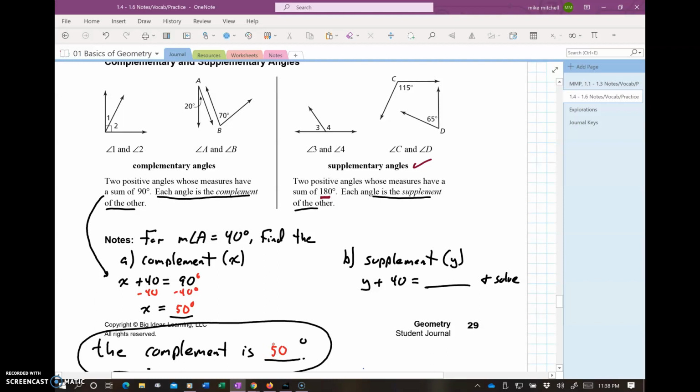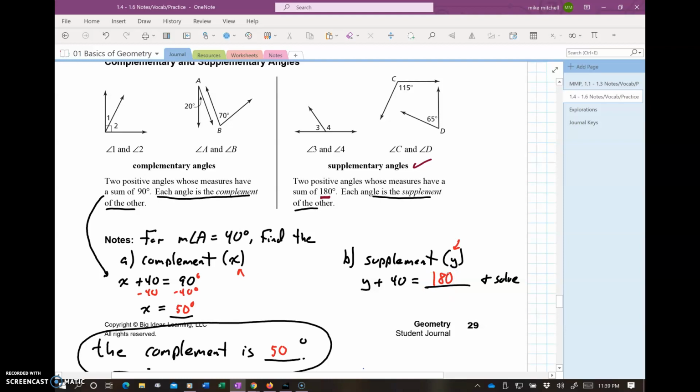Supplement works the same way. This I called the complement x. I'm calling the supplement y. Instead of x plus 40 equals 90, the supplement is y plus 40 equals what? See if you can figure it out. Good. Real good. You got 180. You guys must be geniuses.